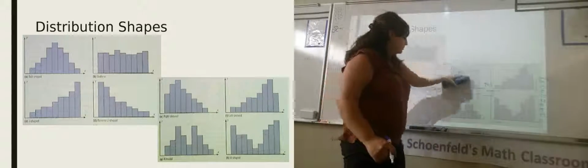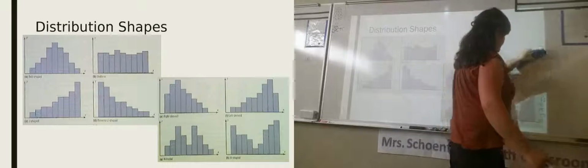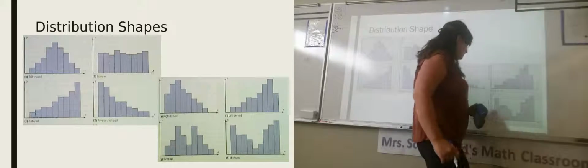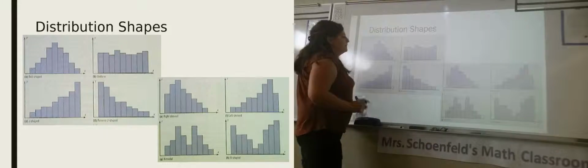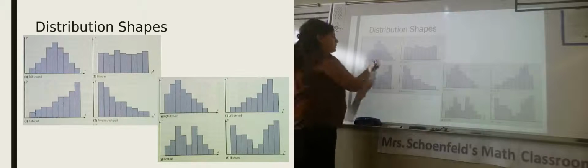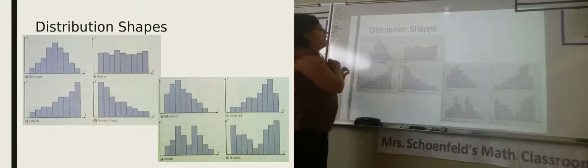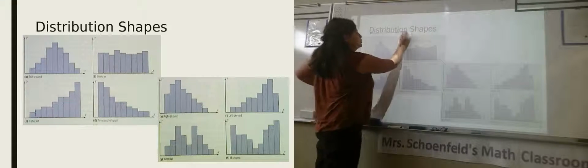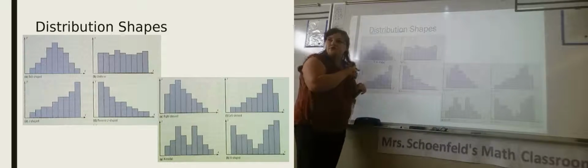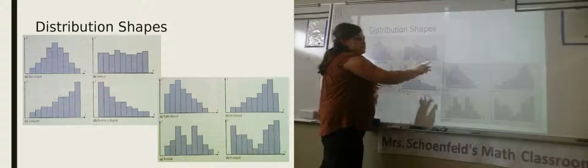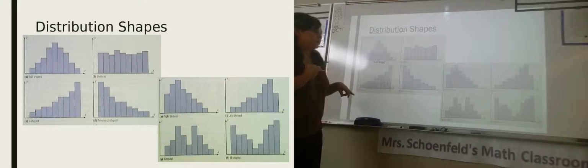The one thing that we will do a lot of, especially when we get to chapter 6, when we go over what we call normal distributions, are the bell shape, also called unimodal. When you're asked to describe your distribution, you're basically using one of these types of wording for it.